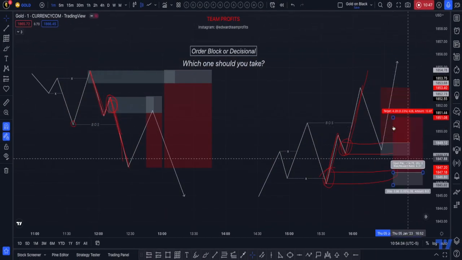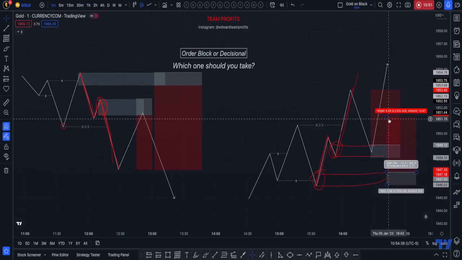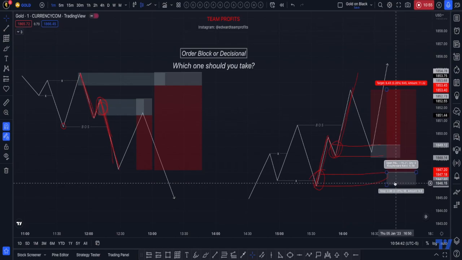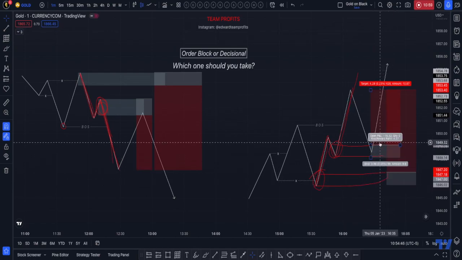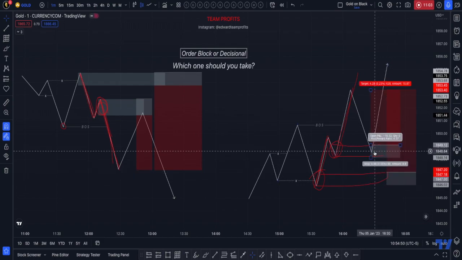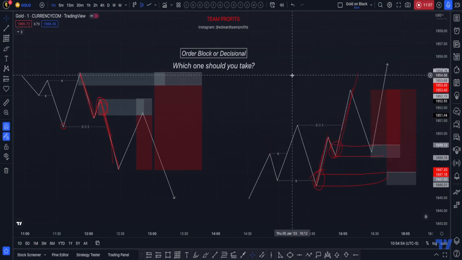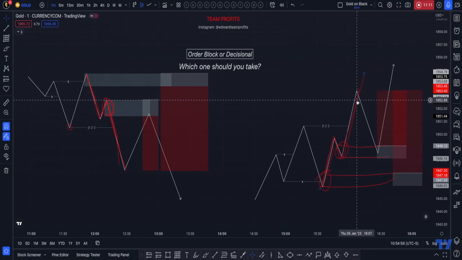So right here, if you want to just ignore this origin and you only want to take the decisional or the POI, then take it. Just understand the probabilities, the possibilities of this thing.